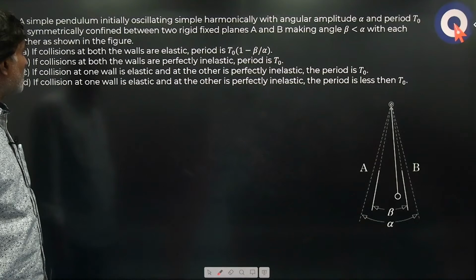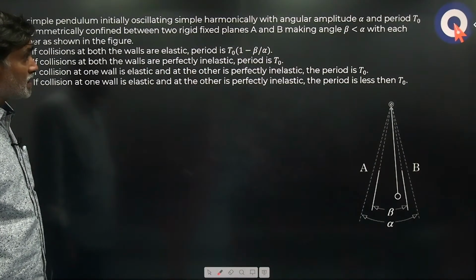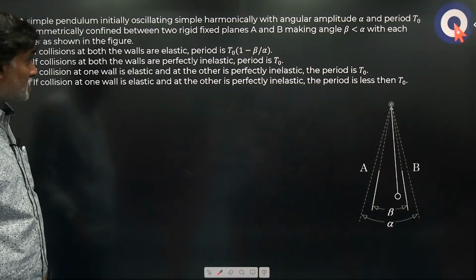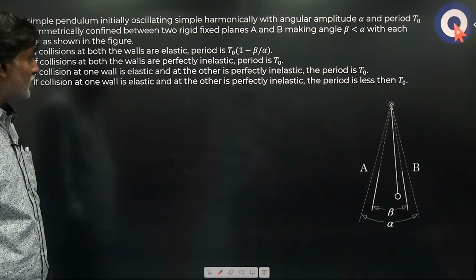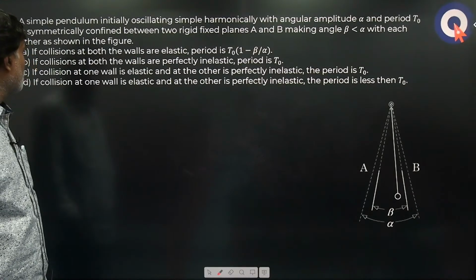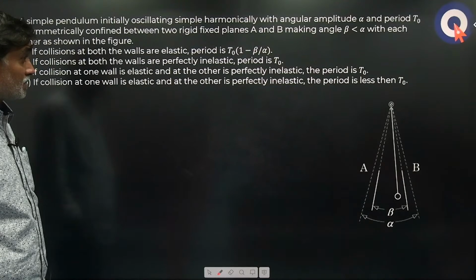If collisions at both the walls are elastic, the period is T naught into (1 minus beta by alpha). If collisions are perfectly inelastic, the period is T naught. If collision at one wall is elastic and at the other wall is perfectly inelastic, the period is T naught. If collision at one wall is elastic and at the other wall is perfectly inelastic, the period is less than T naught.